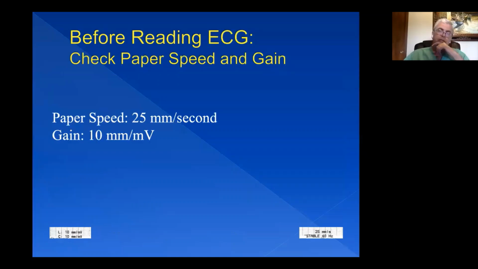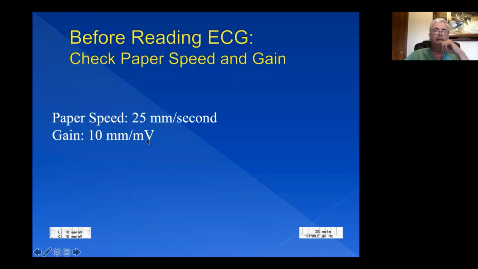Before reading the ECG, just like before relying on the recording of an arterial line, we need to zero that arterial line. The same thing for 12-lead ECG. We need to make sure that that 12-lead ECG recording machine is set according to the accepted standards. The 2 main standards are the paper speed, 25 millimeter per second, and the gain, 10 millimeter per millivolt.